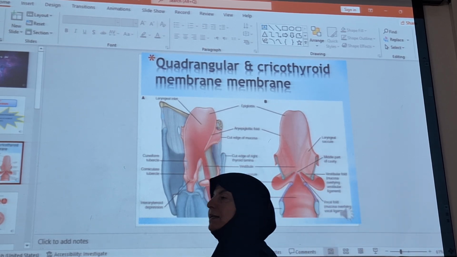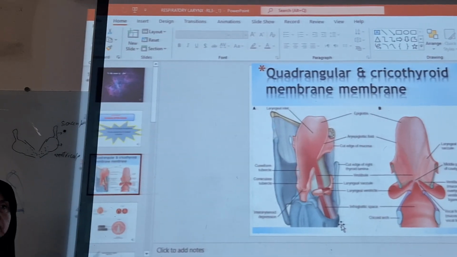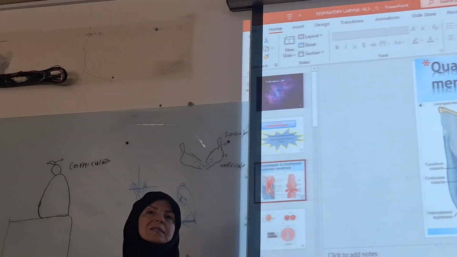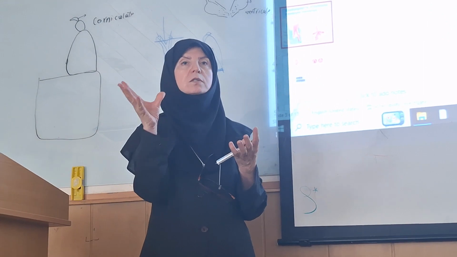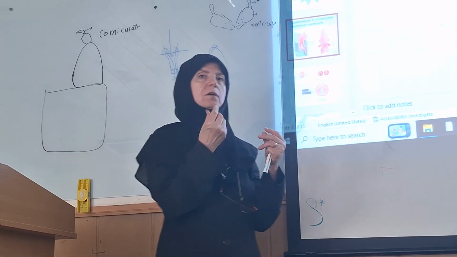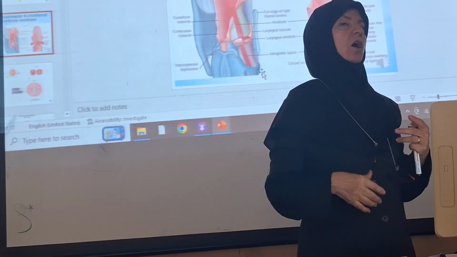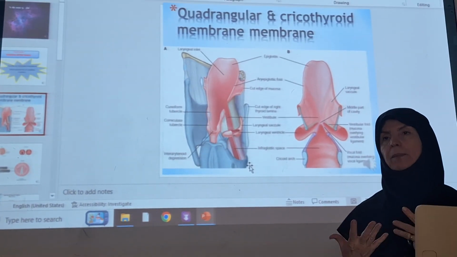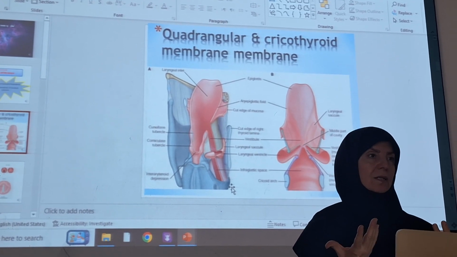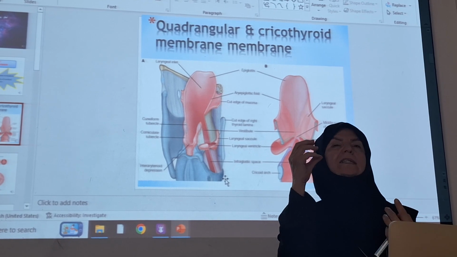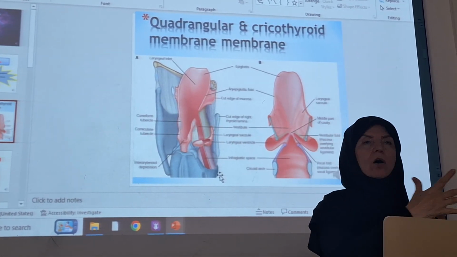It is possible that the number and size of the saccules vary between people. In some of us we have three sacs, two sacs, or one sac, and in others we don't have any or have a small sac. These sacs help people to have a good voice, because the air goes inside the saccule and comes out gradually.